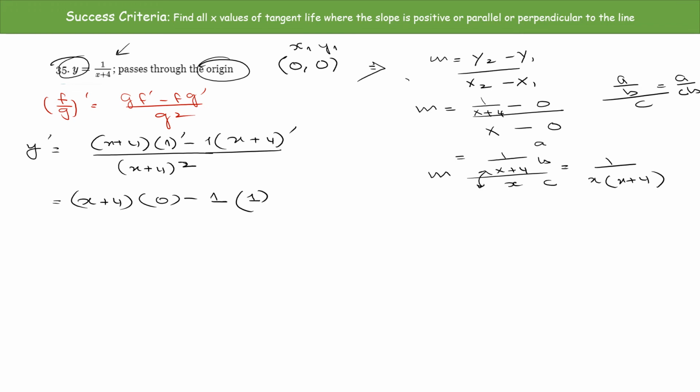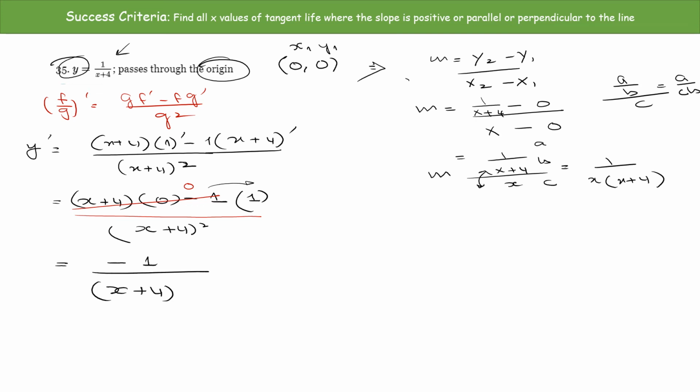Now anything multiplied by 0 gives us 0 over (x plus 4) whole square. So we have been left with minus 1, because minus 1 times 1 is minus 1, over (x plus 4) whole square. Now this is our derivative, and this says that the derivative must pass through the origin.